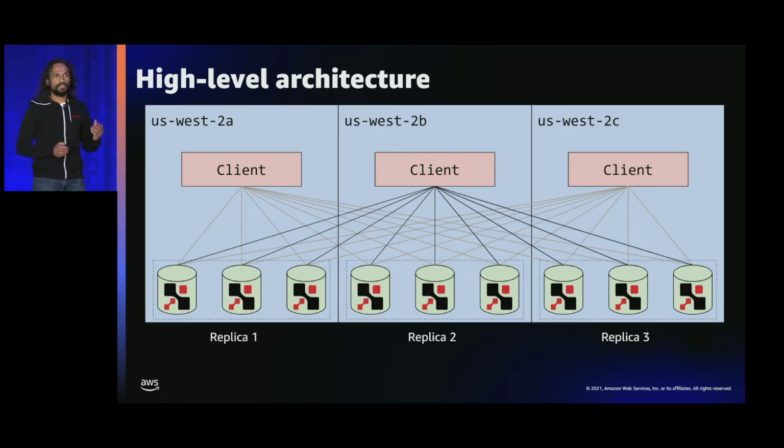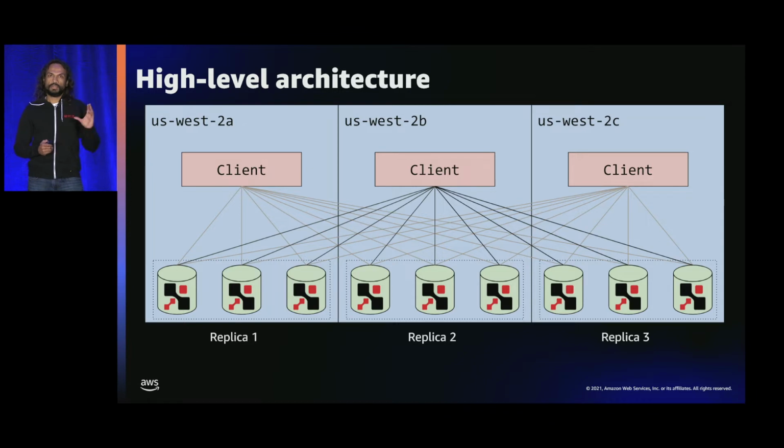That means the key space is sharded and spread across multiple nodes. In this way, we can add more capacity, more nodes, and increase the throughput. We use consistent hashing to shard and spread data across nodes.